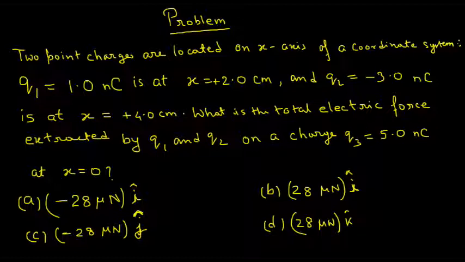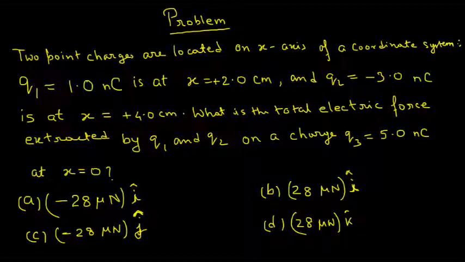Two point charges are located on the x-axis of a coordinate system. Q1 is equal to 1.0 nanocoulomb at x equal to plus 2.0 centimeter, and Q2 is equal to minus 3.0 nanocoulomb at x equal to plus 4.0 centimeter.